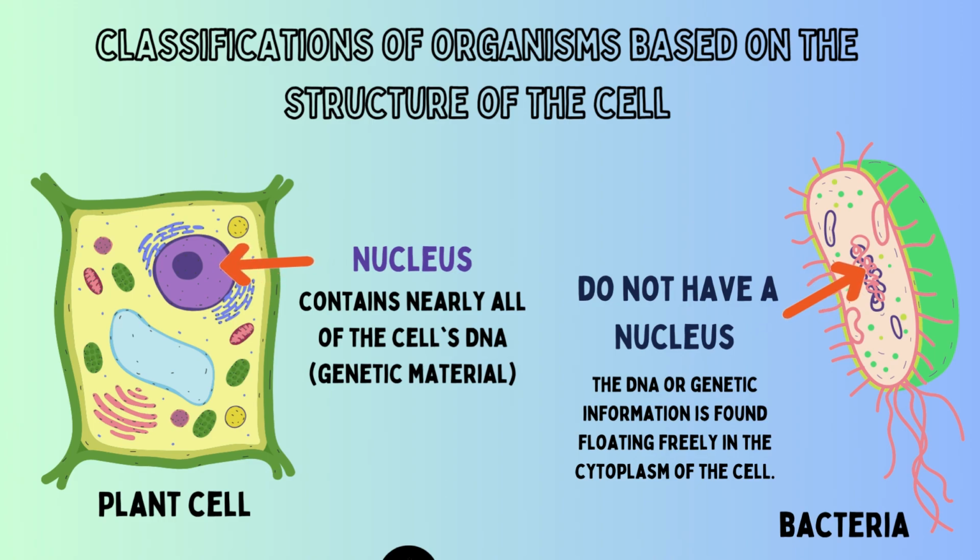DNA is basically the genetic material. While when you observe the right side where the bacteria is, you will not be able to see this round circle, which means bacteria do not have a nucleus. In other words, it has DNA or genetic information, but this genetic information is floating freely inside of the cell, basically inside of the cytoplasm.